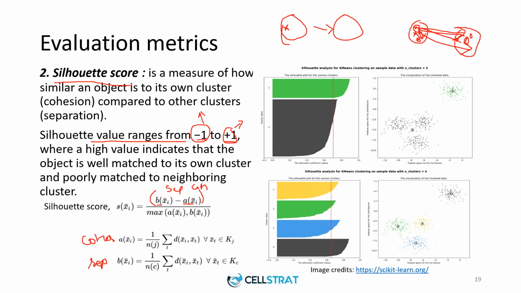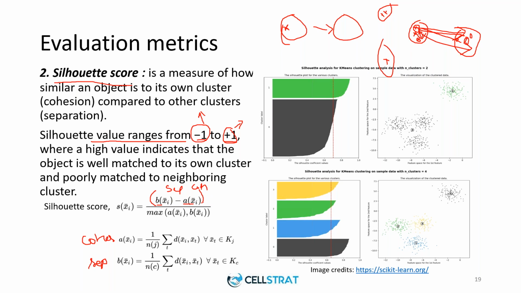When do we get -1? I told you that -1 is a bad cluster and +1 is a good cluster. We get -1 when the separation is low compared to cohesion. If I have a high separation value, intuitively it means the clusters are far away from each other, and a data point belonging to this cluster has no chance of belonging to the other cluster, because the b value is large enough.